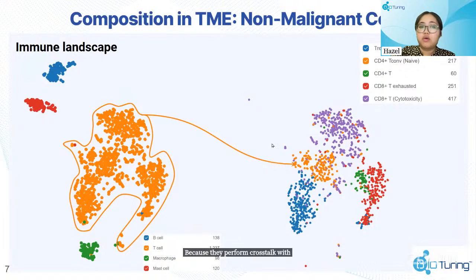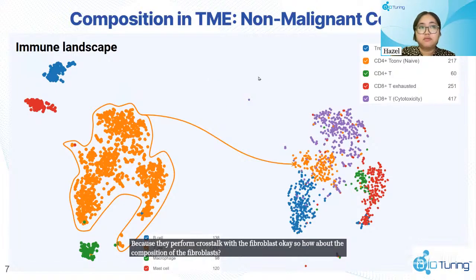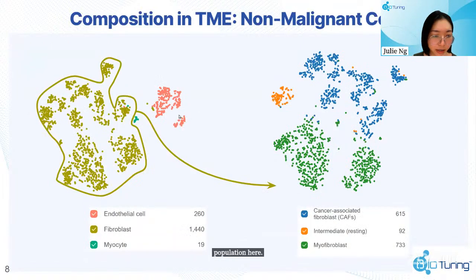Okay, so how about the composition of the fibroblast population here? Yeah. So again, we're only going to be subclustering our fibroblast population. And looking at the subcell types, we see populations of cancer-associated fibroblasts, intermediate cells, and myofibroblasts as well.